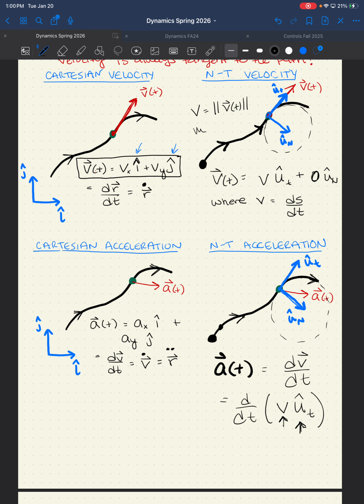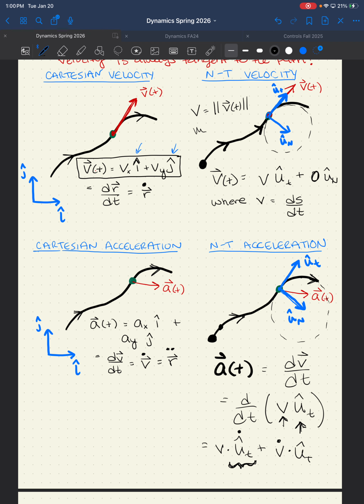So I would need to do the first times the derivative of the second plus the second times the derivative of the first. Something like that. And this is the part of the proof that gets really nasty, trying to visualize what the heck a time derivative of a unit vector is.